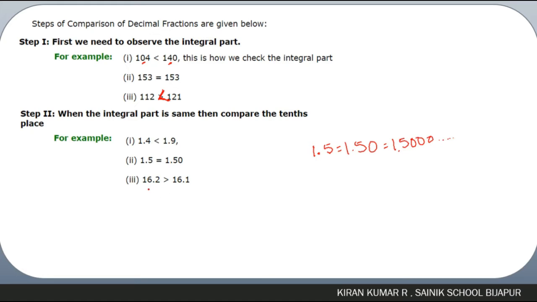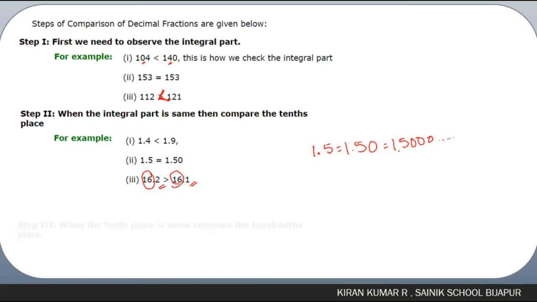In the next example, 16 is the integral part. The integral parts are the same. Now we will just look at the tenths place, 0.2. The 2 is larger than 1. That's why 16.2 is larger than 16.1.